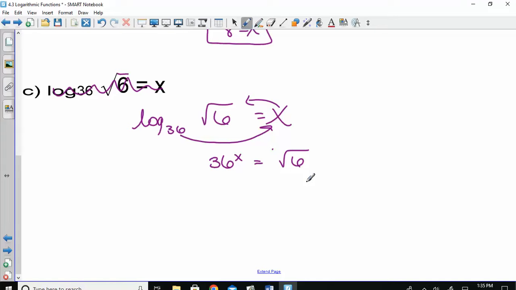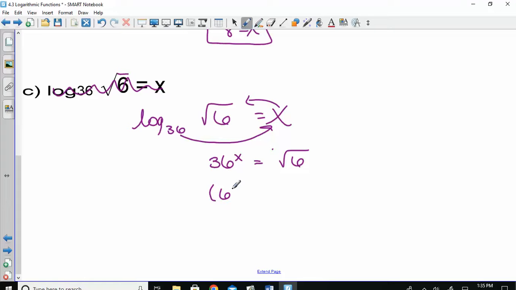How am I going to solve this? You could square each side, and that would work. Or you could change the square root to a fraction and get a common base. So both options will work. We'll have to get a common base eventually, so I'm just going to start with that.